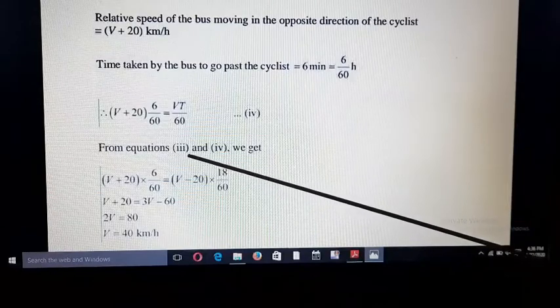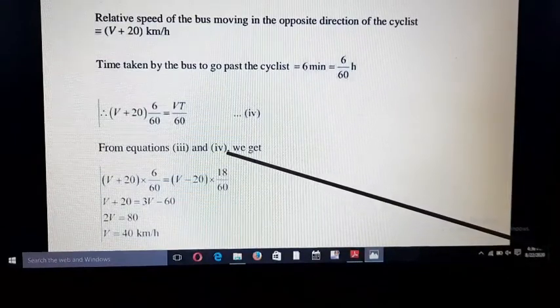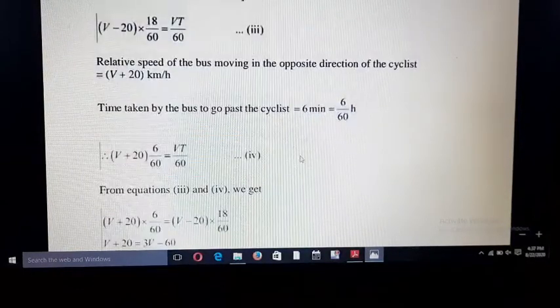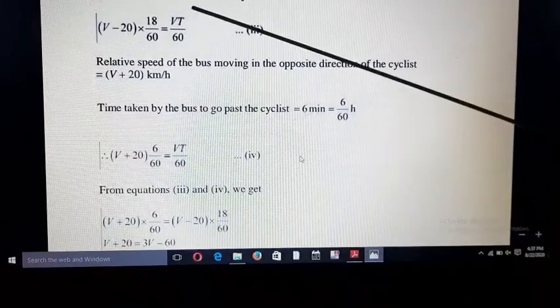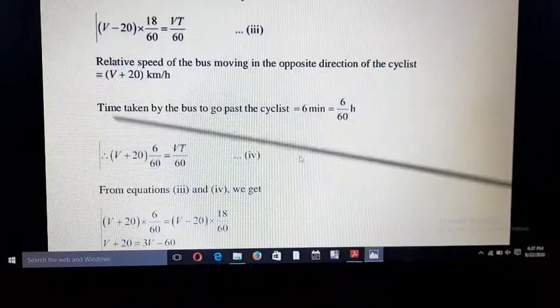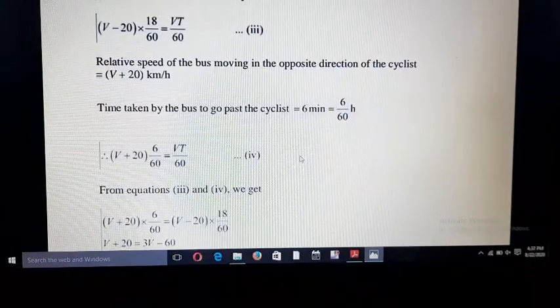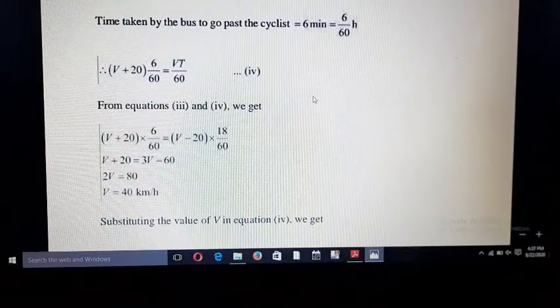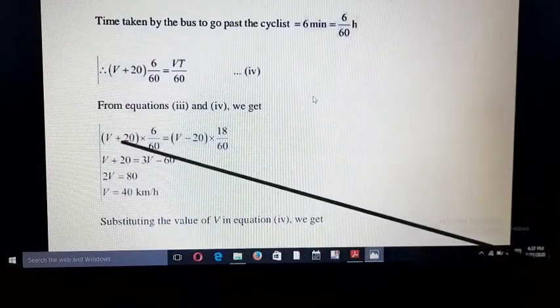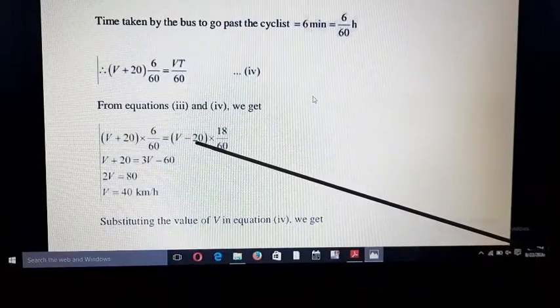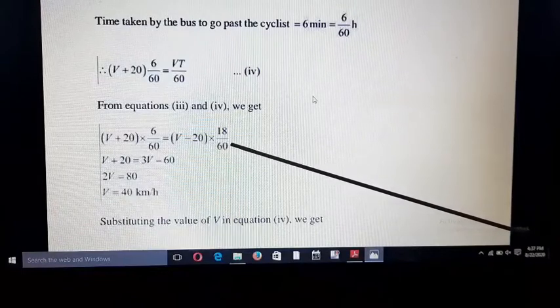In equations 3 and 4, the right hand sides are equal, so the left hand sides are also equal. So we can write (V plus 20) times 6 upon 60 is equal to (V minus 20) times 18 upon 60.